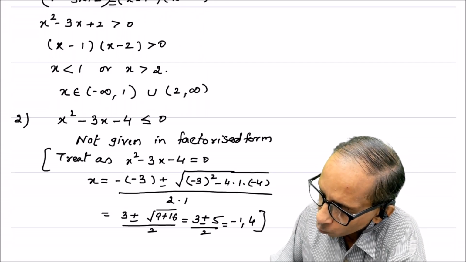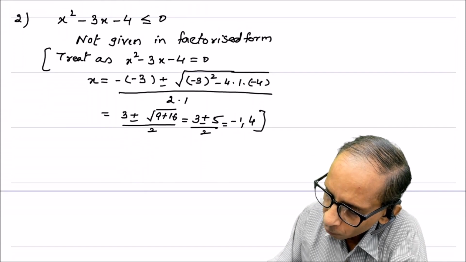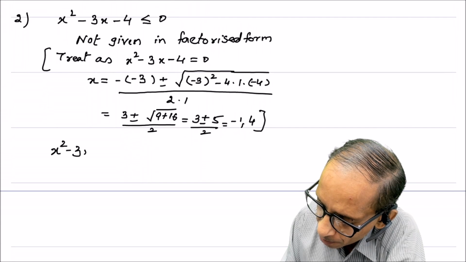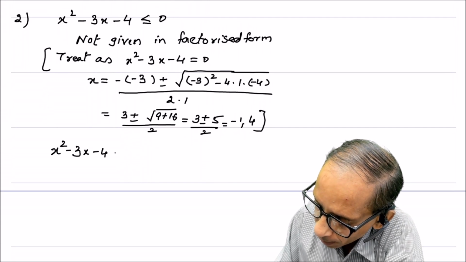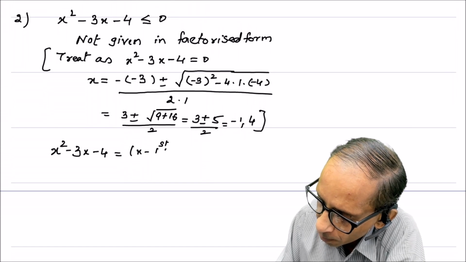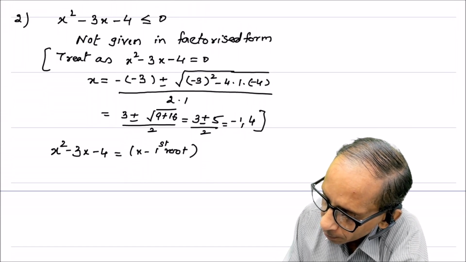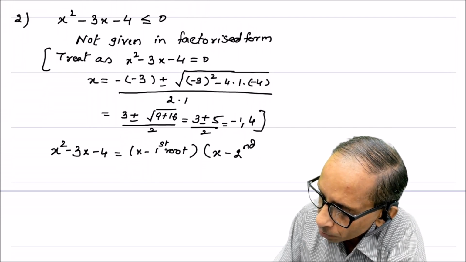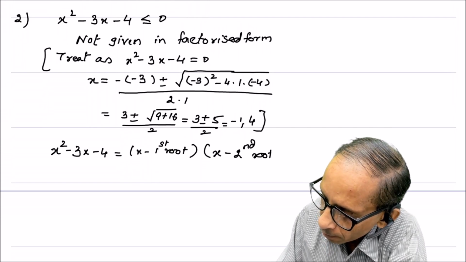So once we are through with the roots, we can write x square minus 3x minus 4 as equal to x minus the first root into x minus the second root.